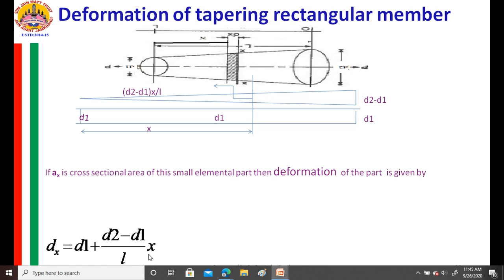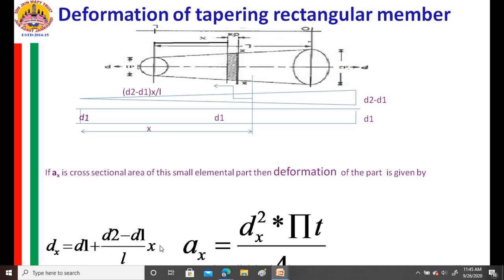Now, if Ax is the cross-sectional area, what is the value of Ax? It is a circular one, so Ax is pi dx square divided by 4. The earlier version is wrong here; it should be pi dx square divided by 4.